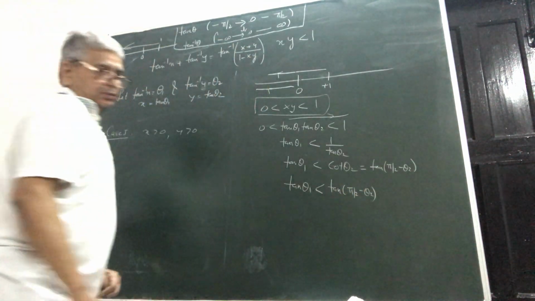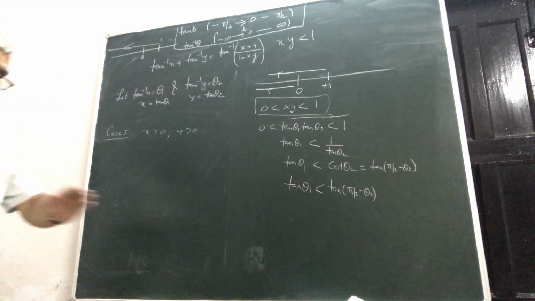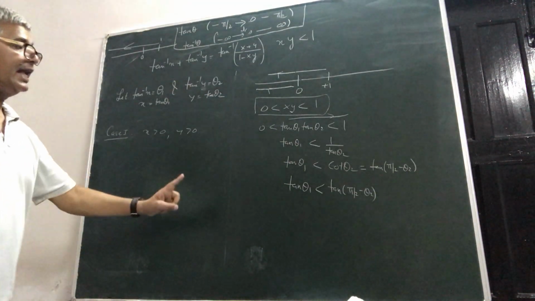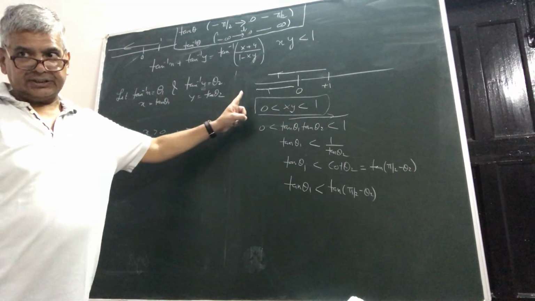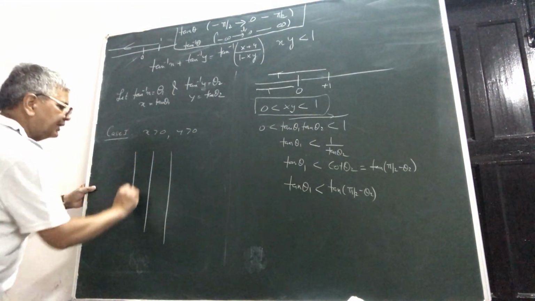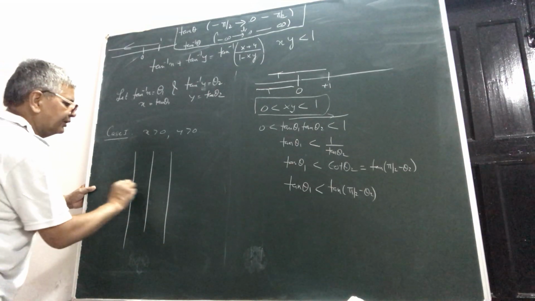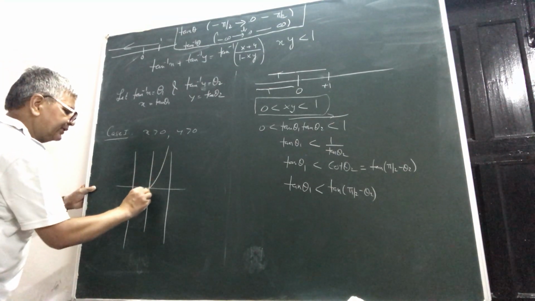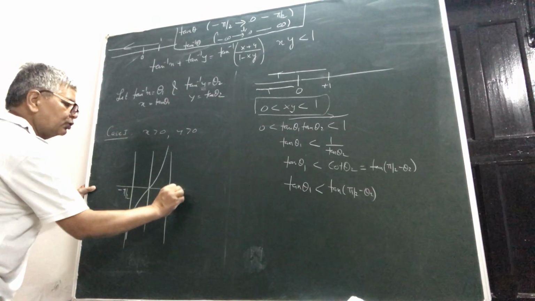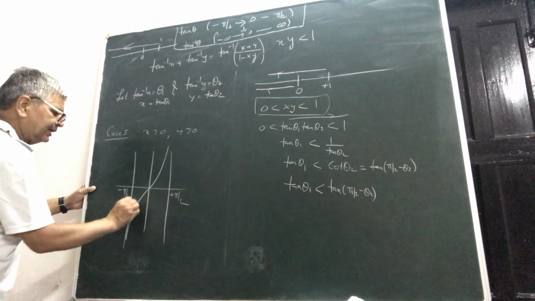Now I will tell you, you will make use of a very important property here. You know the tangent function is an increasing function. As you go from minus pi by 2 to plus pi by 2, the graph comes like this. It is minus pi by 2, it is plus pi by 2. So tangent theta is always an increasing function.